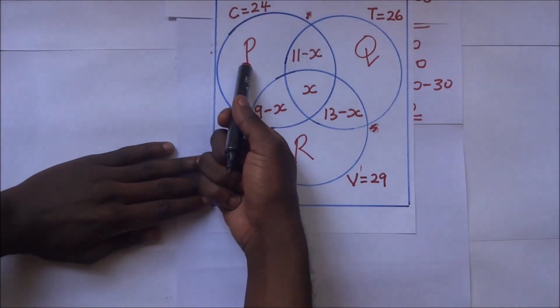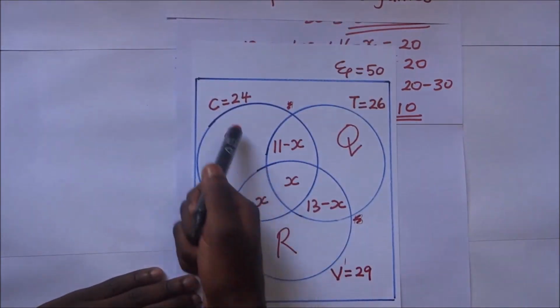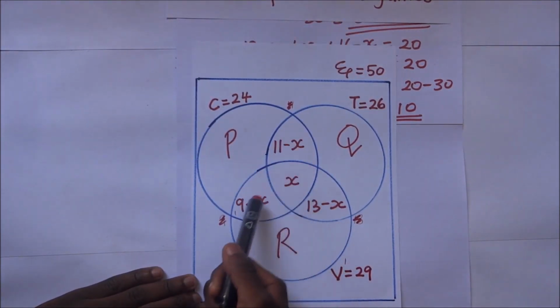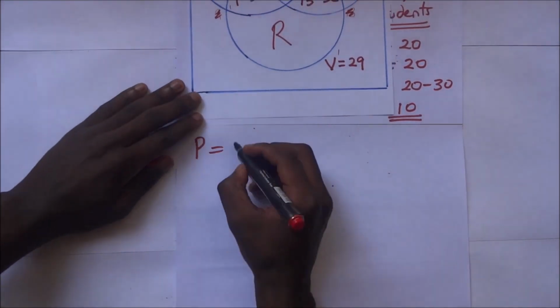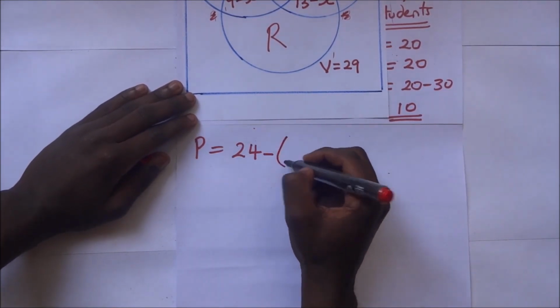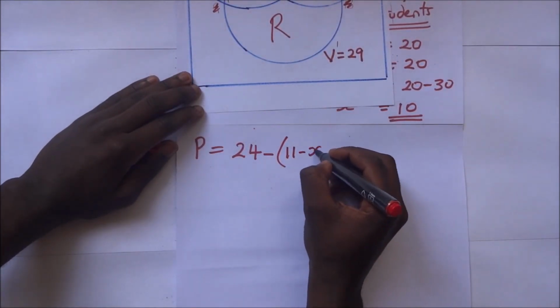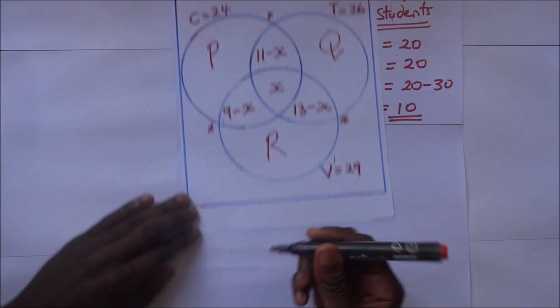So our value of P here is going to be 24 minus this plus that plus that. So it's 24 minus 11 minus x plus x plus 9 minus x.